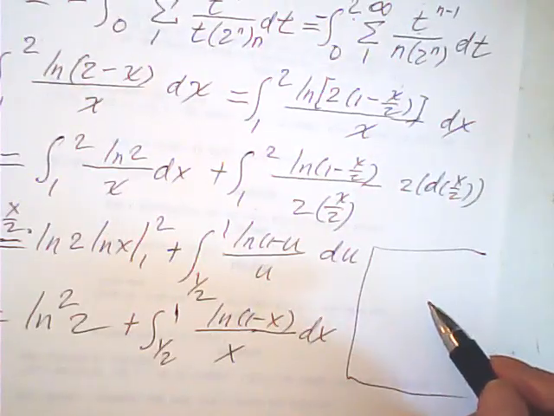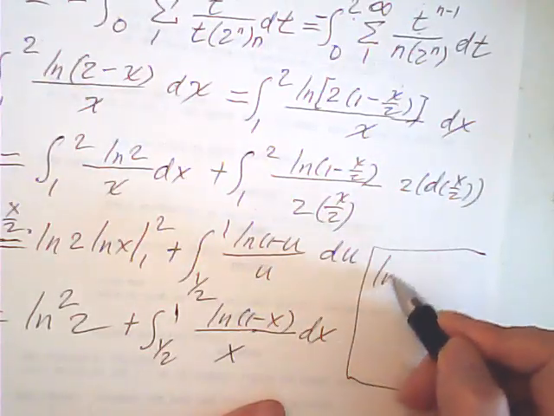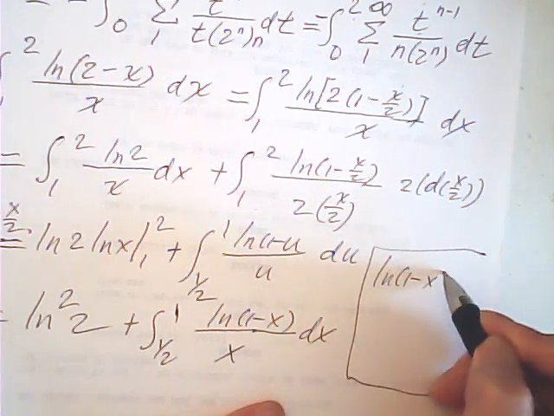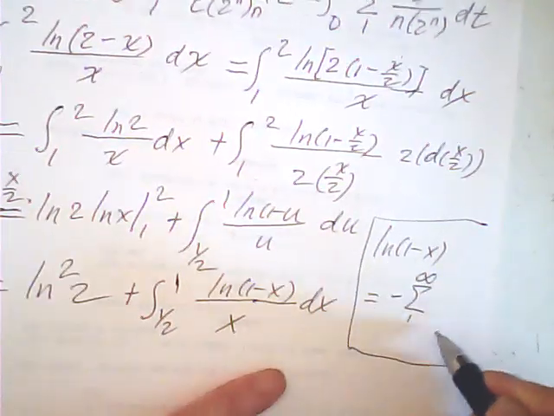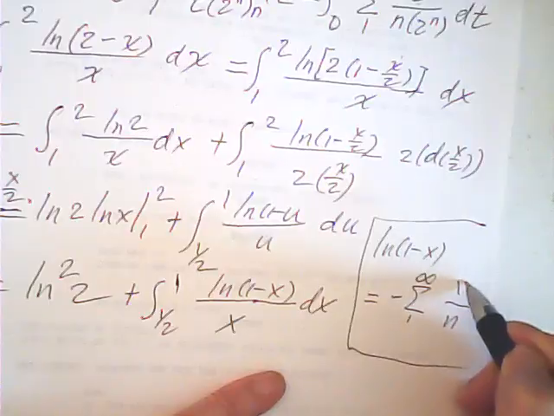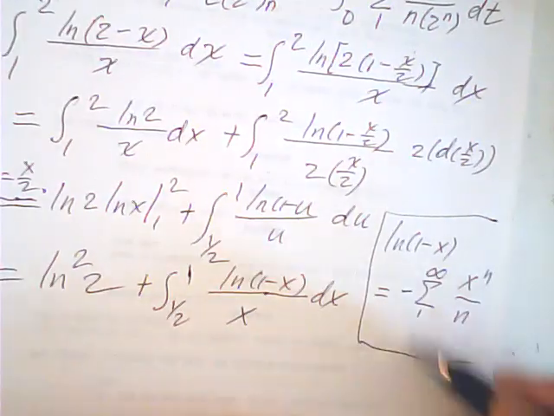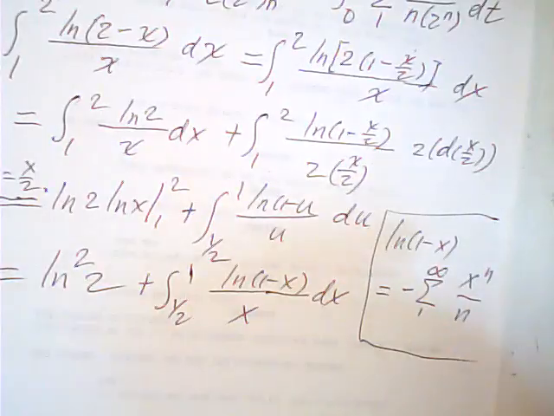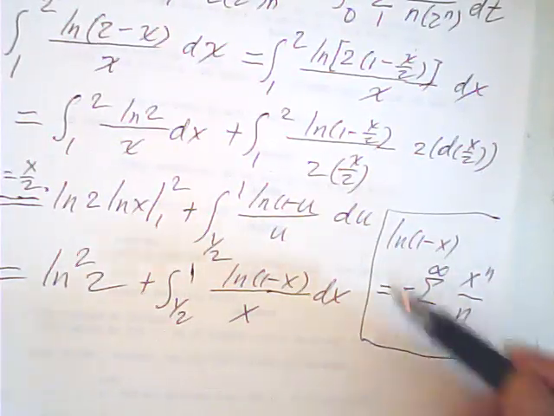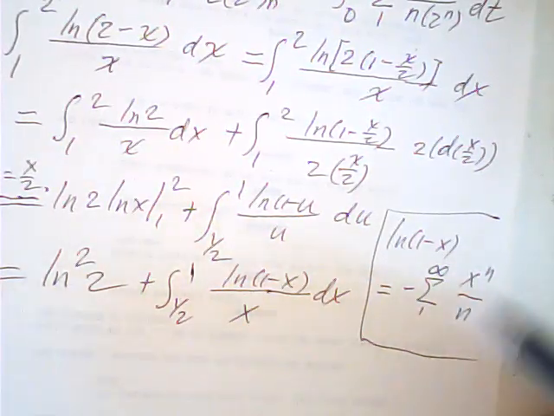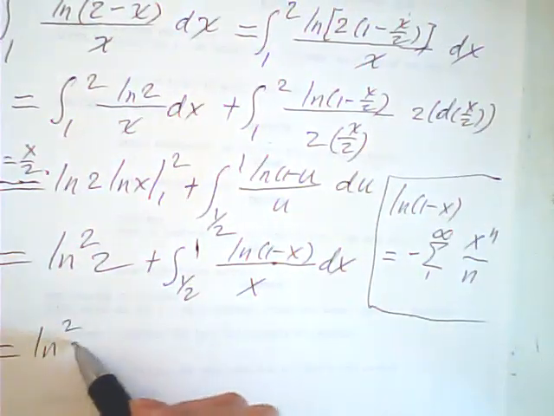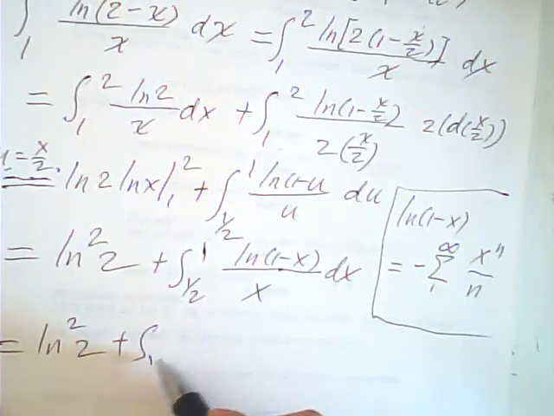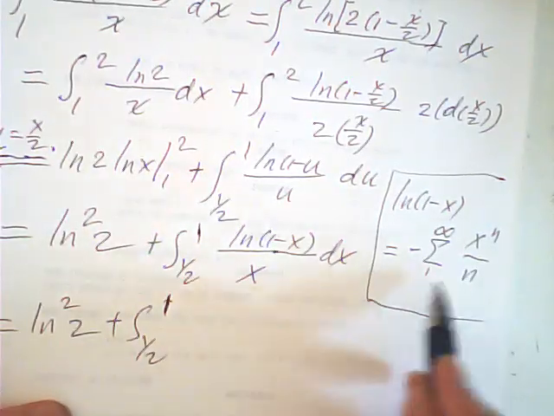Log 1 minus x is equal to negative. Well, this we have done in the last case, right? All very easy. You can develop this one into a series. So this one is equal to log square 2 plus this one.